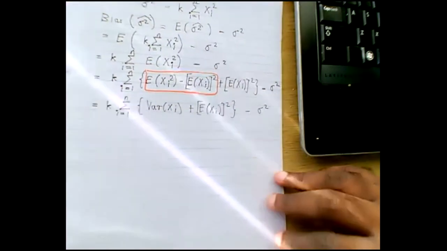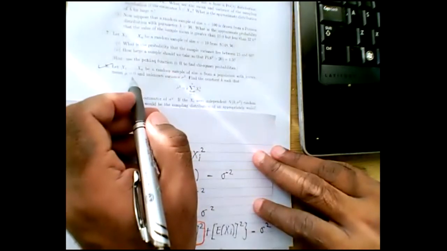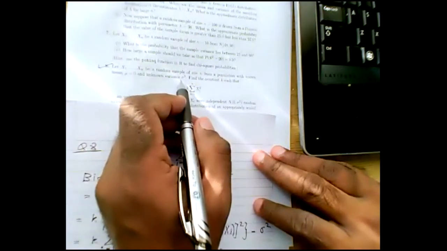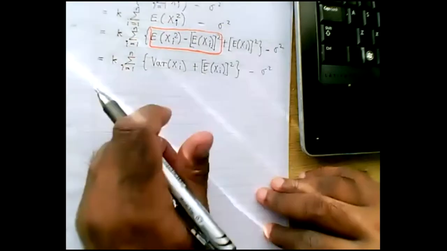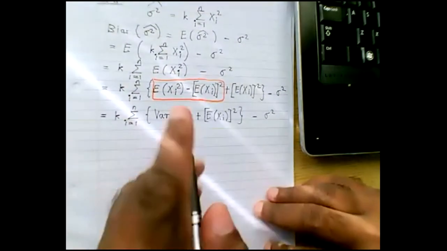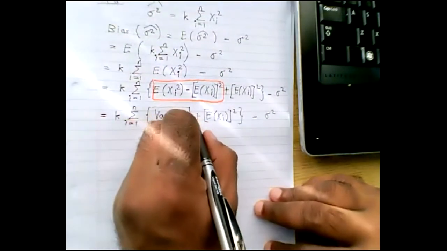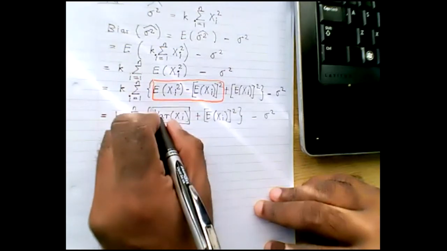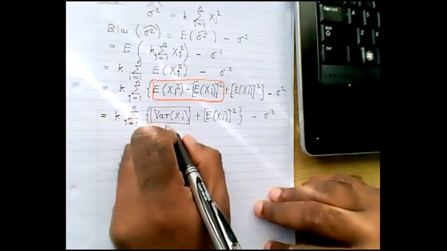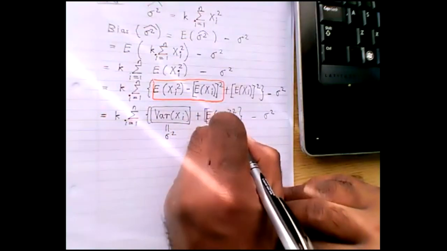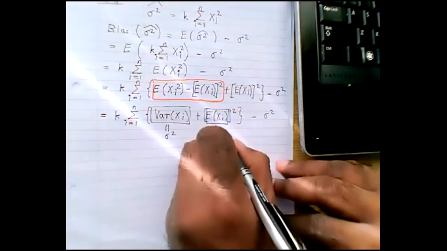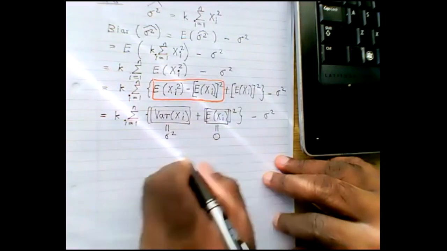All right, now you should go back to the question. The question says that the mean of the population is 0 and the variance of the population is sigma squared. So returning to this, this is equal to sigma squared, and this, the mean of the population, is equal to 0.